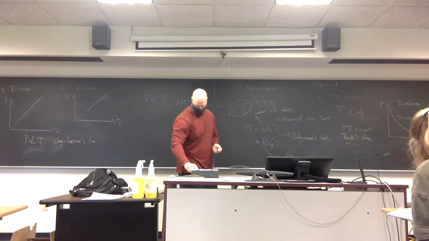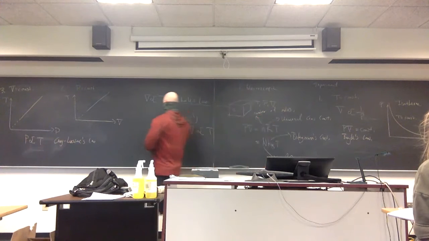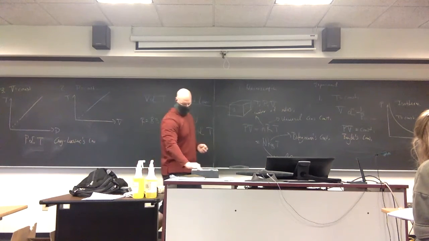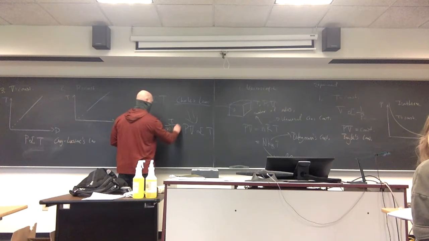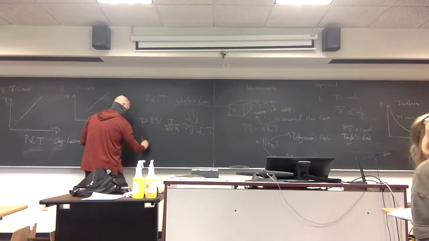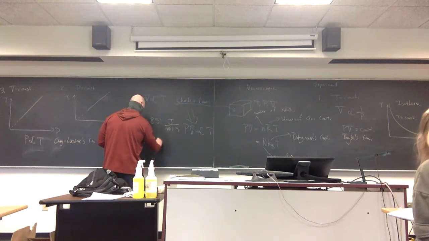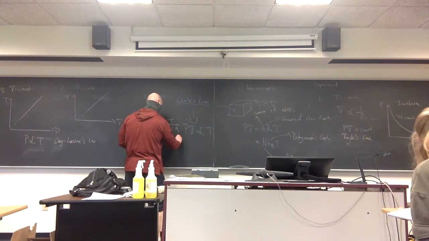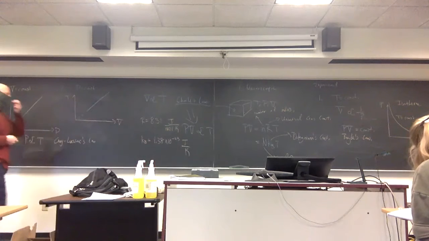So, give you some numbers for these things. Universal gas constant, if I remember correctly, R is equal to 8.31. This has units of joules per mole per Kelvin. And then KB is equal to 1.38 times 10 to the minus 23 joules per Kelvin. So these are the different constants.